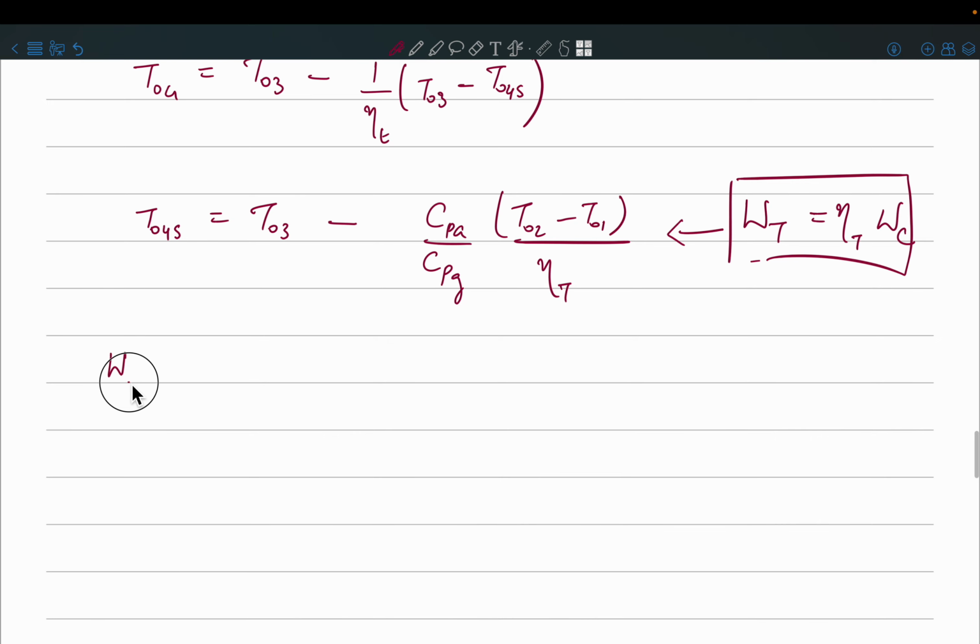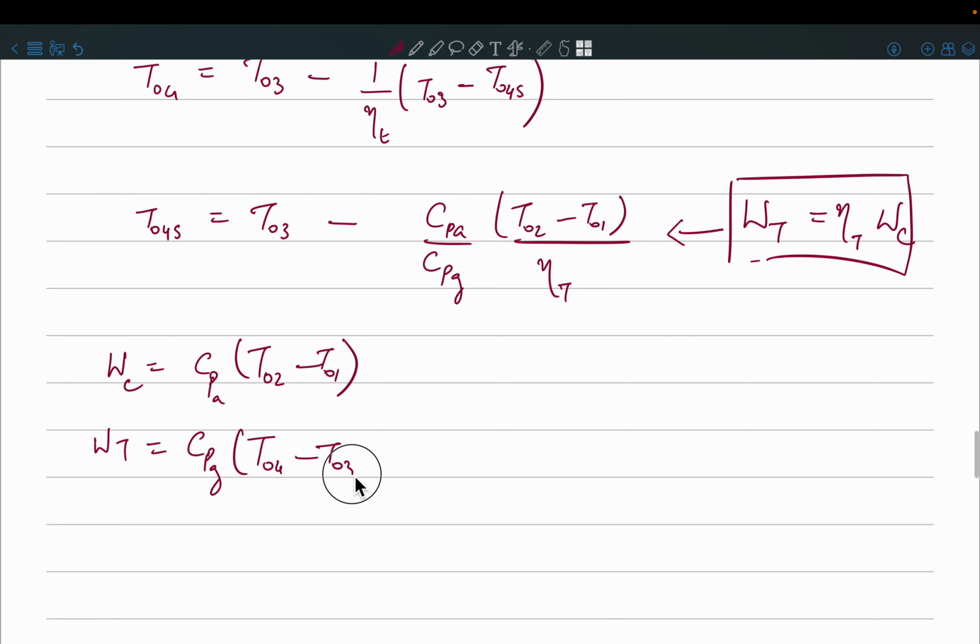So what is work of the compressor? It is just going to be Cp air into the temperature difference, T naught 2 minus T naught 1. And what is work of turbine? It is Cp of the gas, because now the gas is after the combustion has happened, right? So you will not use Cp air, you will use Cp gas over here, and this will be T naught 4 minus T naught 3, right?